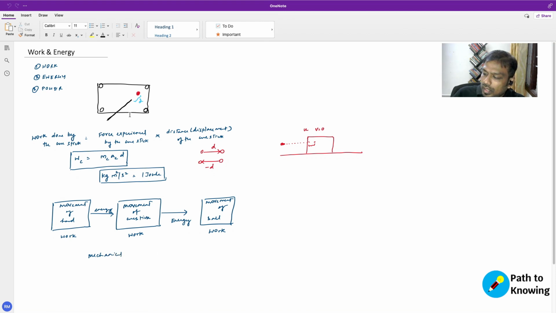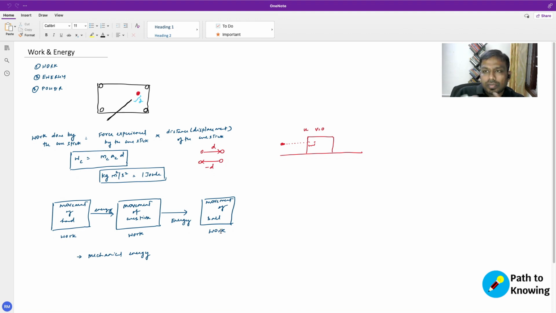And even within that, this is not complete. This mechanical energy, if you really observe, the object was in motion when it acquired that energy. In all the three scenarios, your hand was moving, which resulted in the movement of the cue stick, which resulted in the movement of the ball.